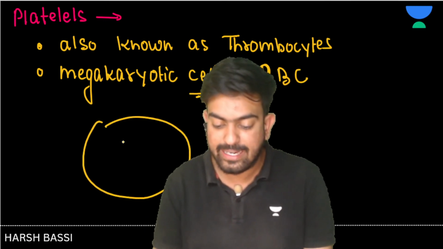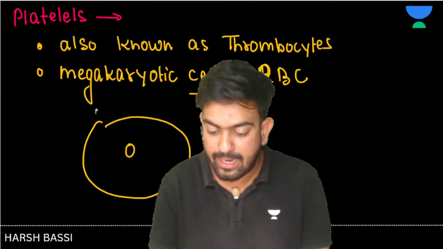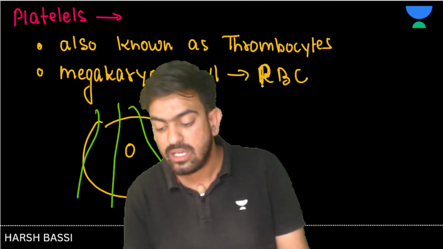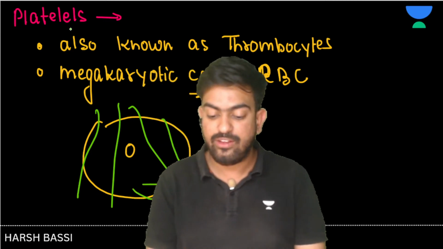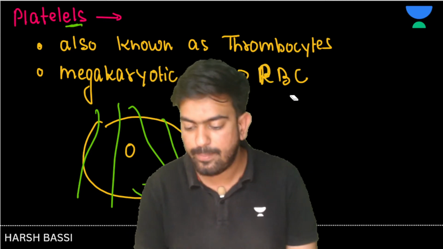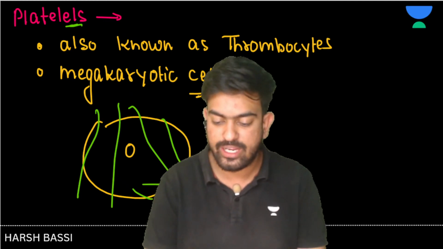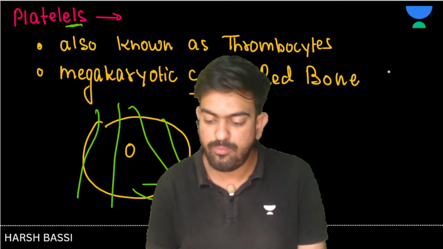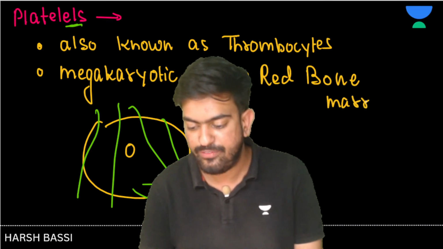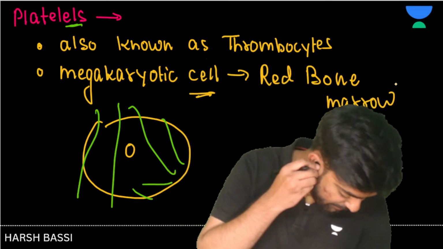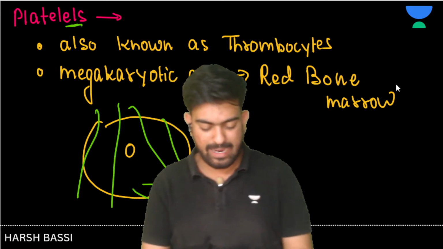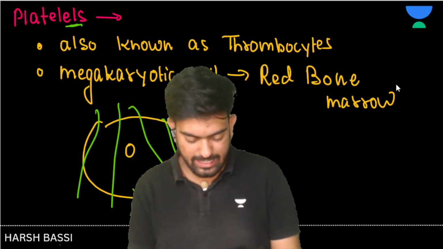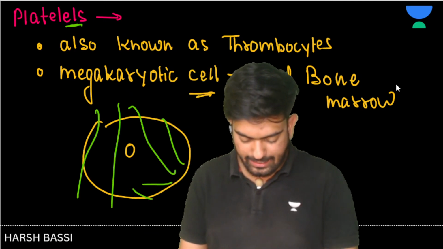A megakaryocyte has many fragments, and each fragment gives rise to platelets. Where is it formed? Red bone marrow. Clear to everyone? Said Roy. Yes, bone marrow. I mistakenly wrote RBC. Bone marrow. Clear? Okay, great.